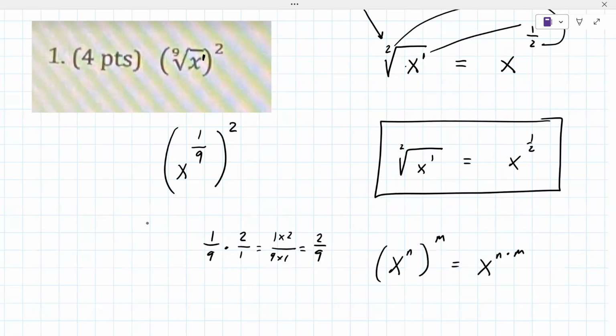So that becomes 2 over 9. Is that clear? Yep. Okay. So this thing right here becomes x to the 2 over 9 power. Okay. All right, does that work for you?